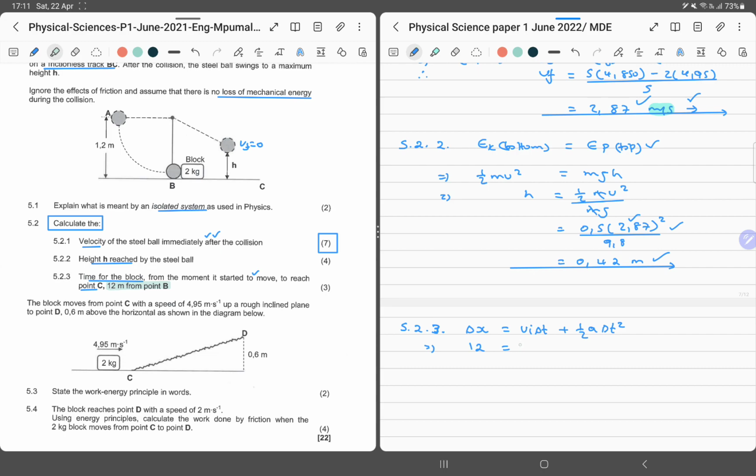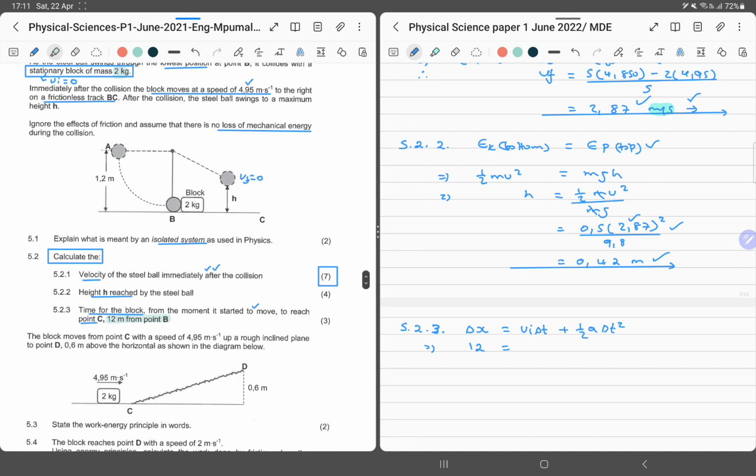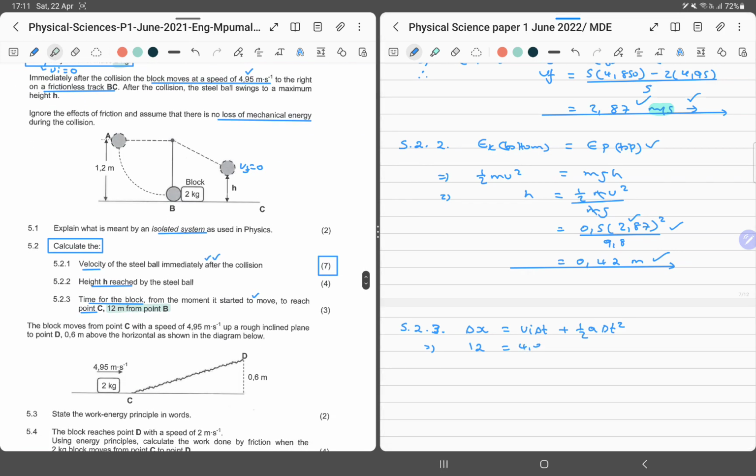We know now that this is that velocity that it left with. So it was what again? 4.95 times delta t plus this one is 0. By the way, the acceleration is 0 because it was doing constant velocity. So that one falls away. Therefore, we know that our delta t is going to be essentially 12 divided by 4.95.